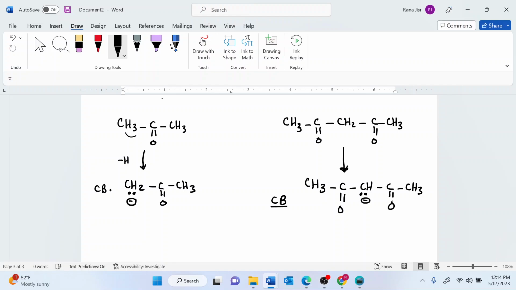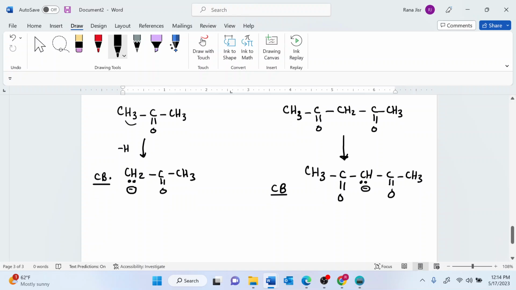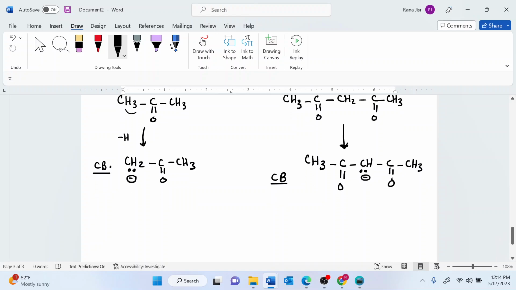Now the question is, which one of these conjugate bases is more stable? To determine the stability, look for resonance, and we need the charge to be distributed over a larger surface area. And remember the conditions for resonance.